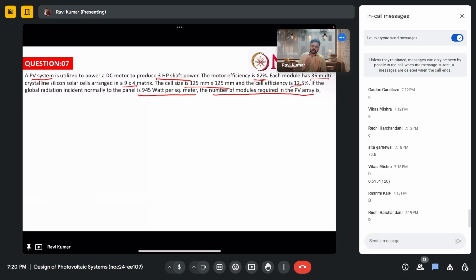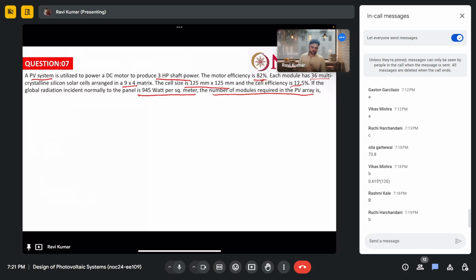You have a motor at your home which consumes 3 horsepower power. The efficiency of motor is 82%. Then you have a module which is having 36 multi-crystalline silicon solar cells connected in series, and the cell area and cell efficiency is given. You just need to calculate how many modules you need to run that DC motor.